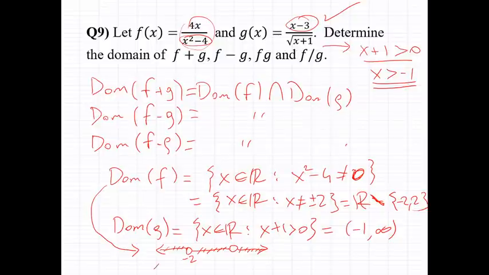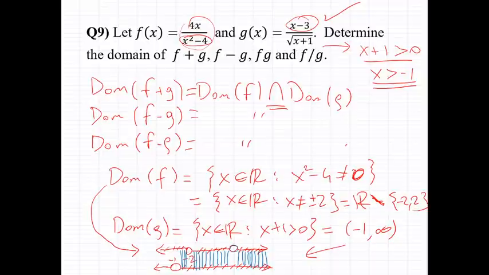Now for this one, I do minus 1, not included, and then the rest, so minus 1 up to infinity. Now for the intersection, I will check the common parts. Minus 2 is not common, but here it goes up to here, it's common. And then this is not common, this is empty, so you cannot take it.